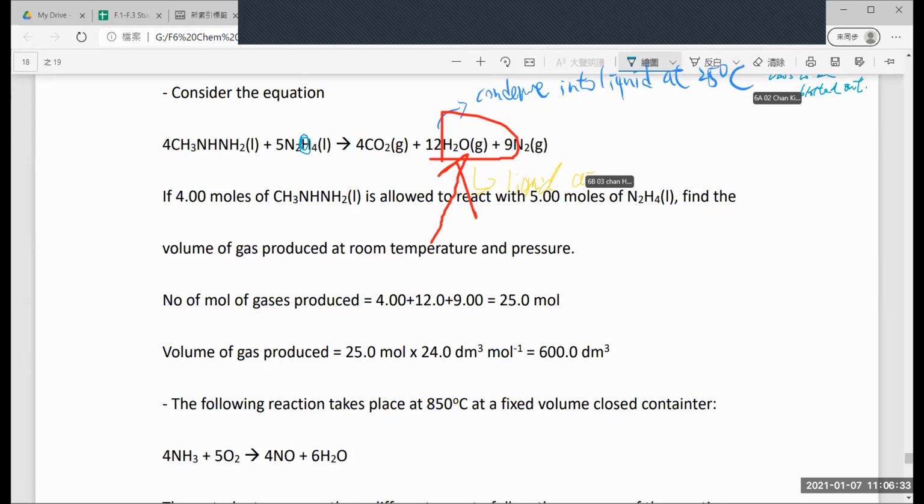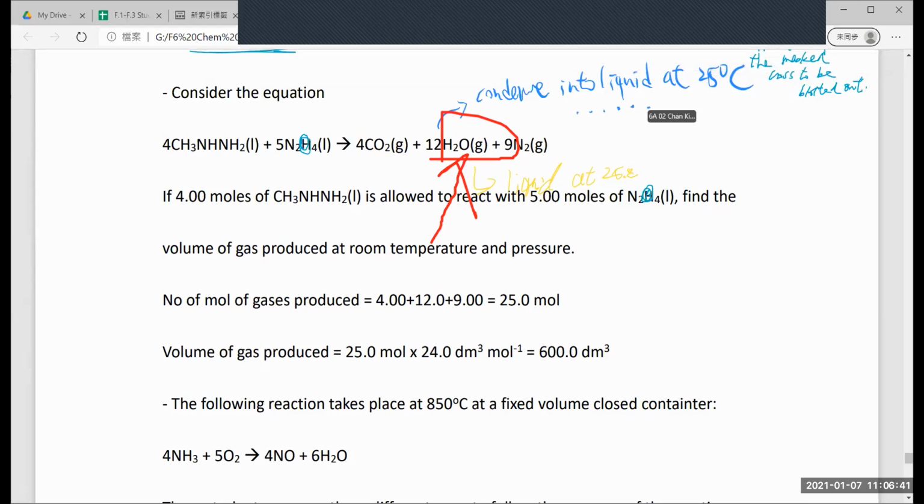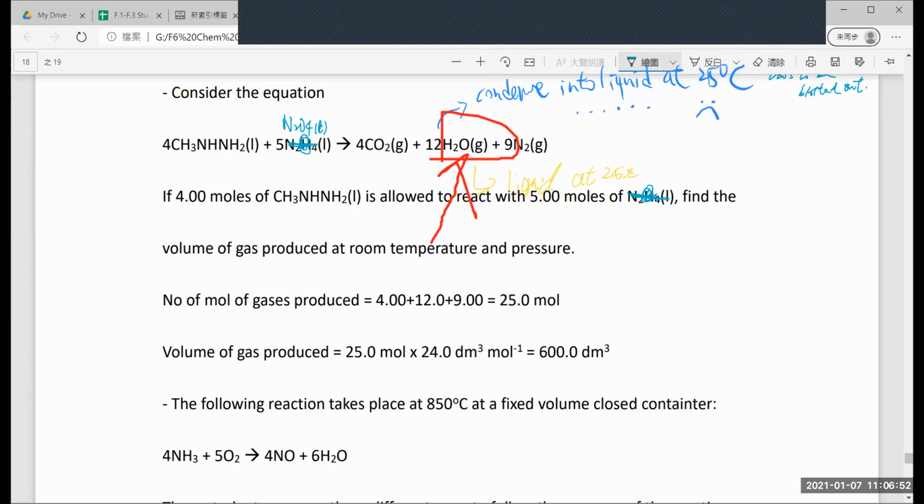Oh, this is N2O4. Sorry, it's not NH4. It's N2O4. Okay, all of you please mark it down.